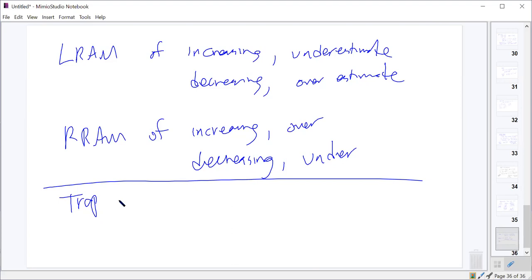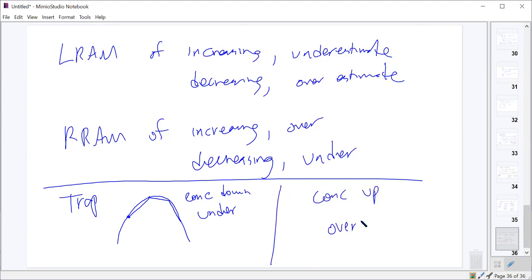For a trapezoidal one, I'm going to sketch a concave down function to note this. For a concave down function, this is an underestimate, but for a concave up function, it's an overestimate. And we can see that.